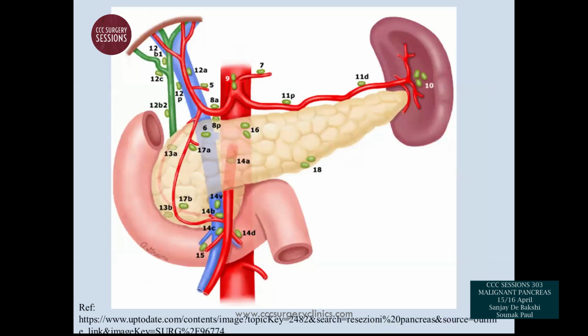And this is a schematic borrowed from the net. Stations 8 and 9 are the celiac and the common hepatic arteries, station 14 is along the superior mesenteric artery, and 15 is the middle colic artery.